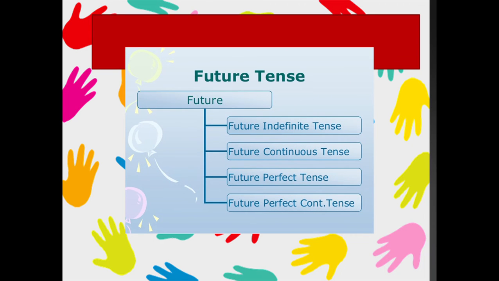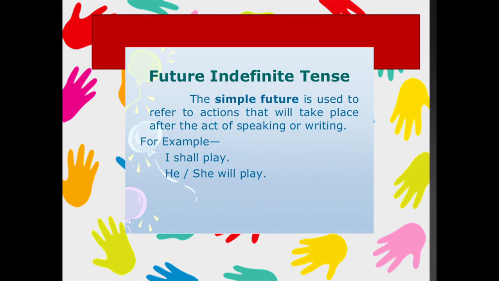Future tense. The four aspects of future tense are future indefinite, future continuous, future perfect, and future perfect continuous. Future indefinite tense is used to refer to actions that will take place after the act of speaking or writing.